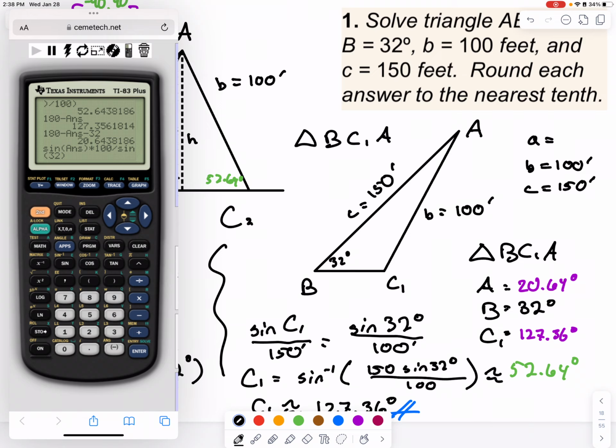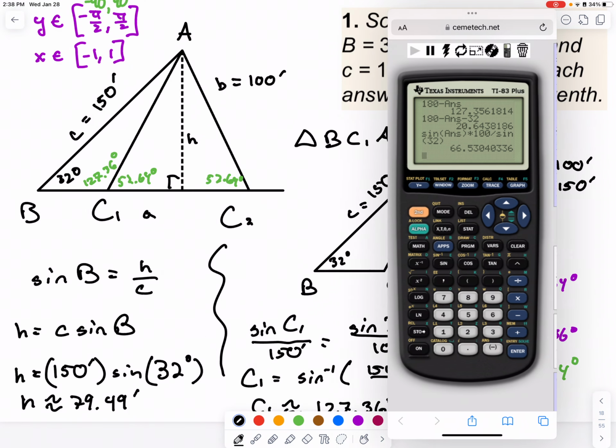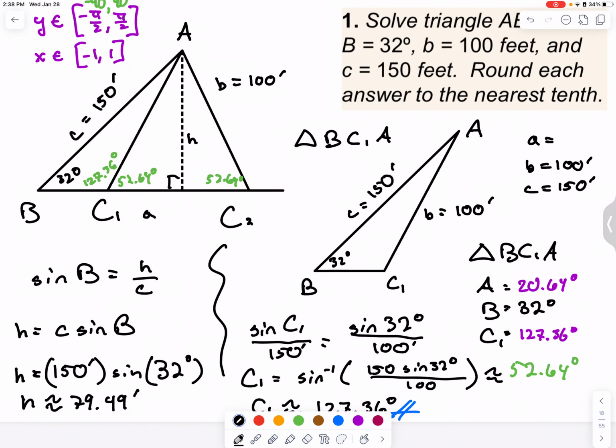I'm assuming that it's still in degrees, so I'm going to let that be. We get a side A of 66.53 feet.